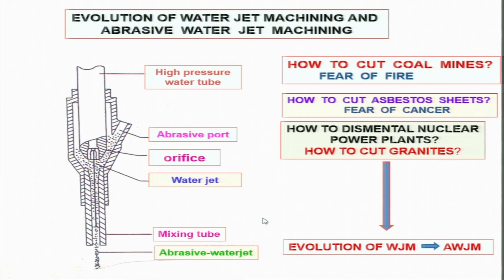And this is the orifice. Such type of systems were used to solve these problems of cutting coal mines, asbestos sheets, dismantling nuclear power plants, and so on.